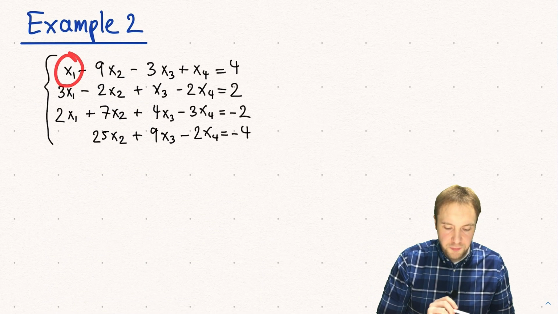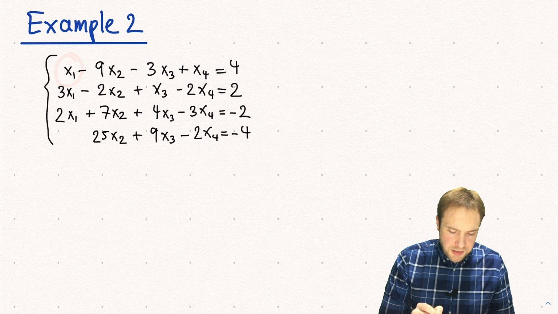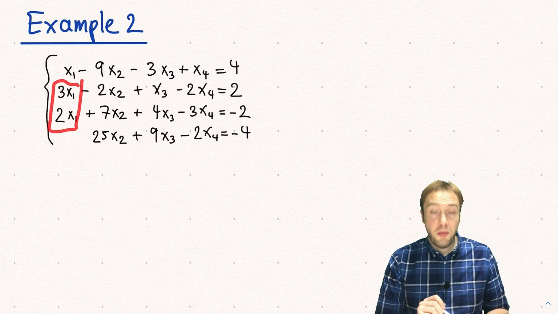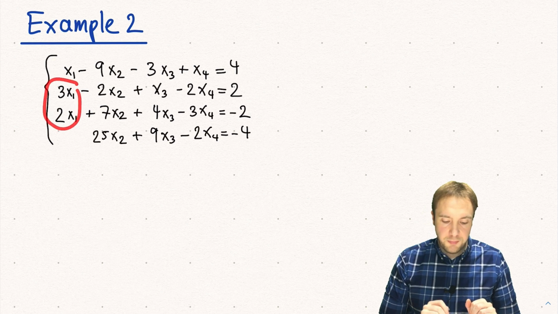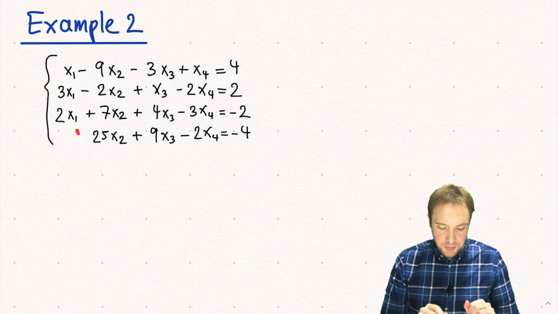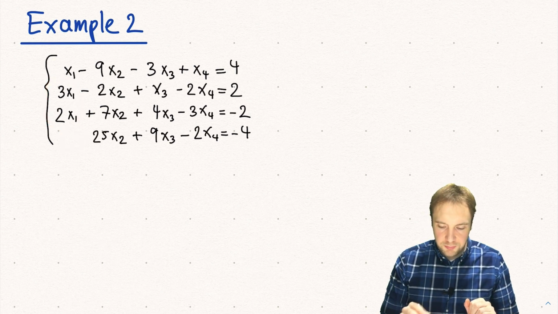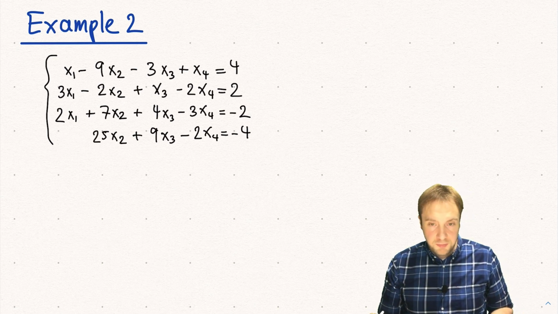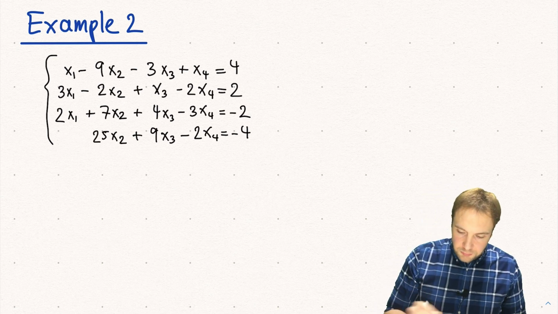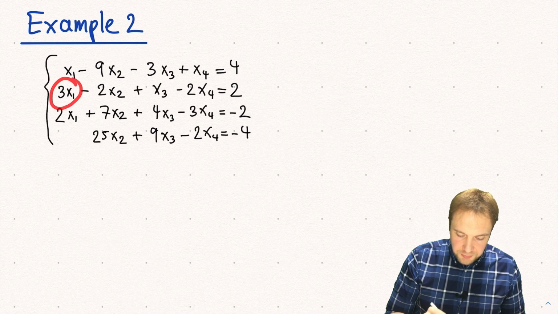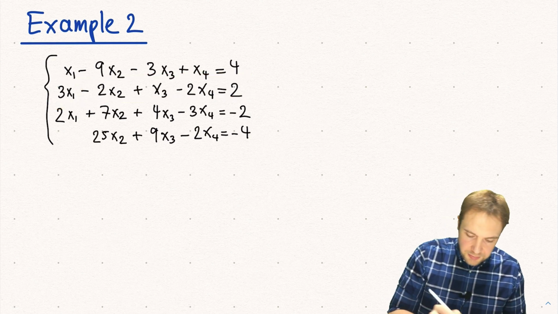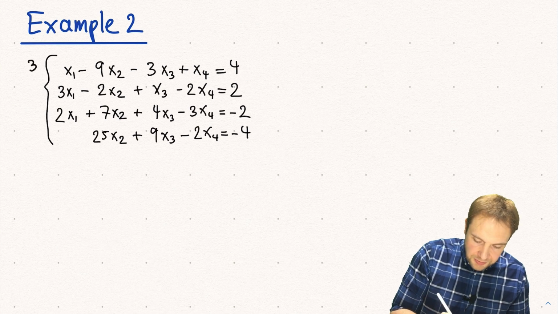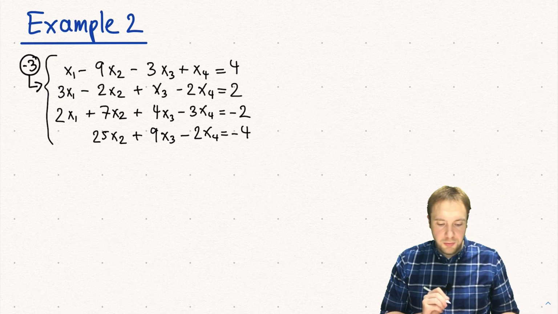Now we have the first variable x1, and it still appears here in the second and the third equation. So the first thing we want to do is get rid of x1 in these two equations, and the fourth one doesn't have an x1, so we don't need to worry about this. Therefore, to get rid of this one, we need to take 3 times this equation and subtract it from there. So we take minus 3 times this equation and add it to this one.